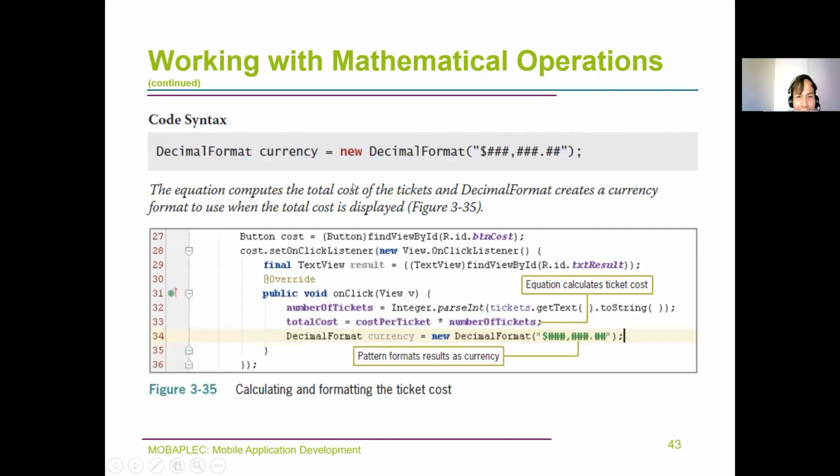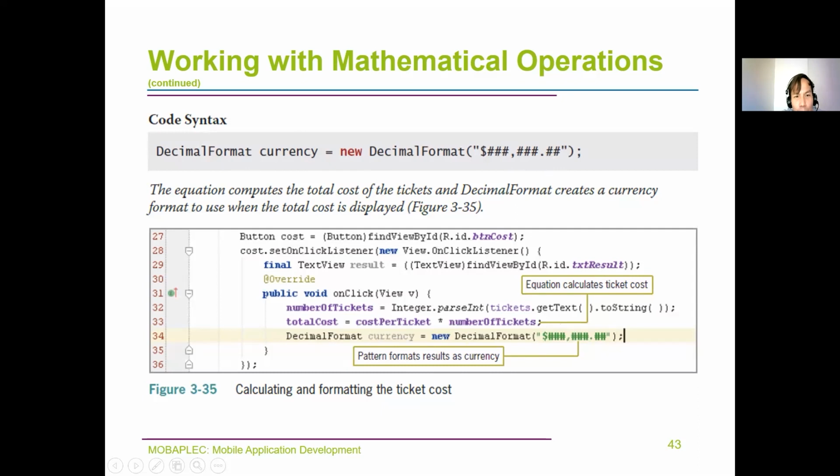An example of the syntax of DecimalFormat currency: new DecimalFormat, this example is 799 or whatever value, the whole number, then the separator, that's the format. Then all you have to do is add that code in the DecimalFormat currency. You have to add this in calculating the text.